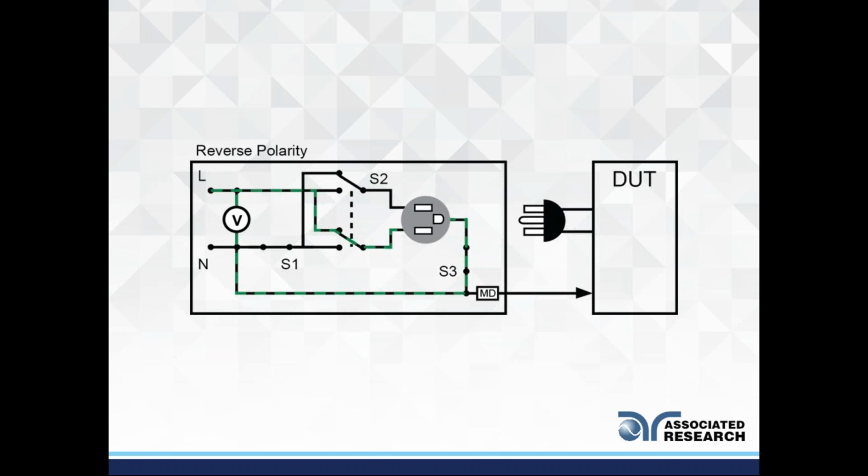Okay, now we have reverse polarity. So now we reverse polarity. What does that do to our touch current? Does that increase it? What type of adverse effect does that have? But again, unless ground is open, we're shorting out our MD.